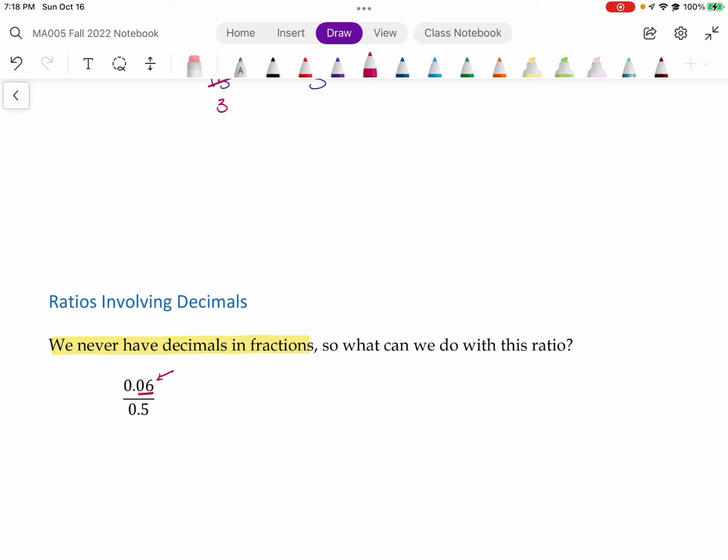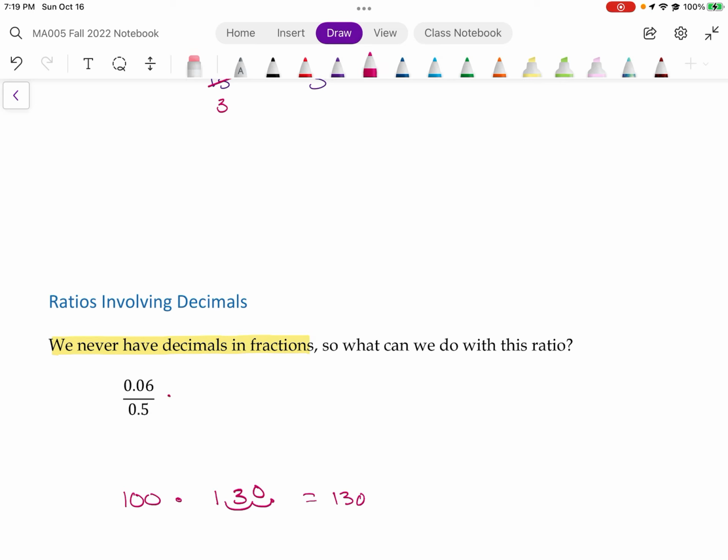Well, we looked at how multiplying something times 100, say 100 times 1.3, is going to move the decimal place 2 places over, and we get 130, right? So we need 100 to be multiplied on the top. Whatever we do to the top, we need to do to the bottom.